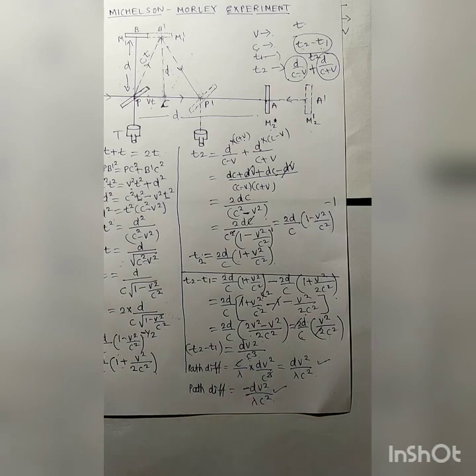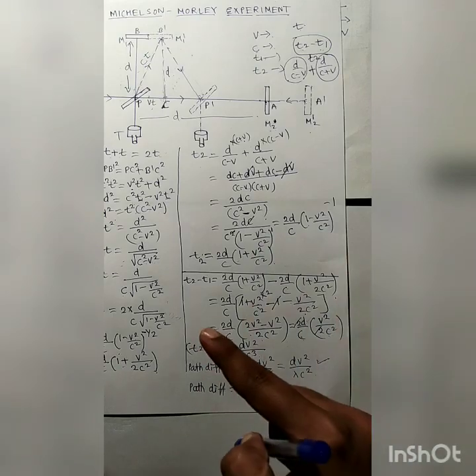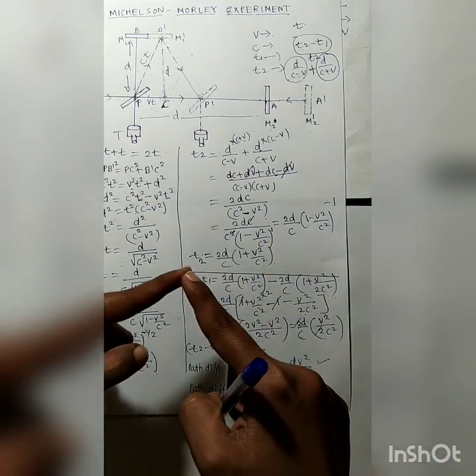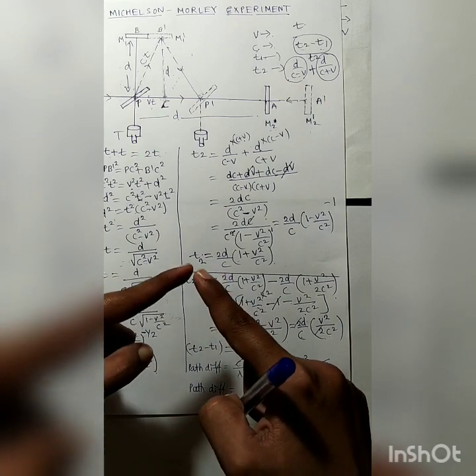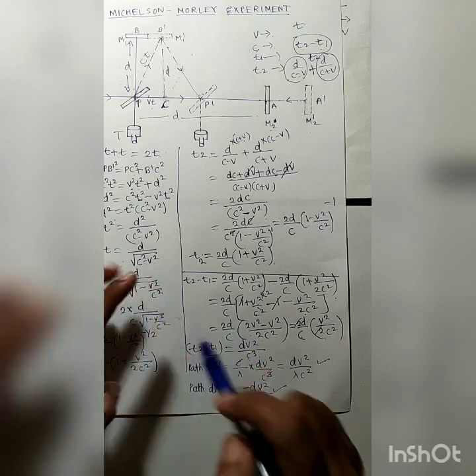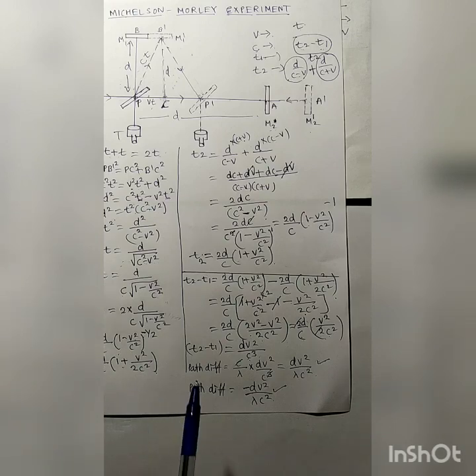This is the time difference for the reflected ray and the transmitted ray, to go and to come back. So they take different times. The reflected ray will come earlier than the transmitted ray, isn't it? Now if they are taking different times to cover the distance, it means the distance is also different.